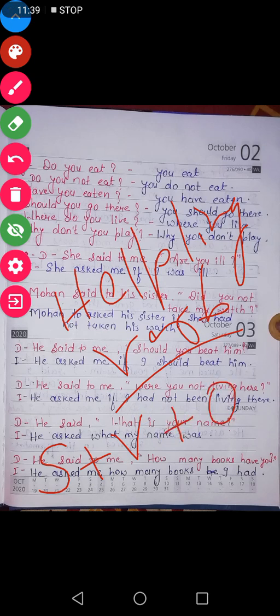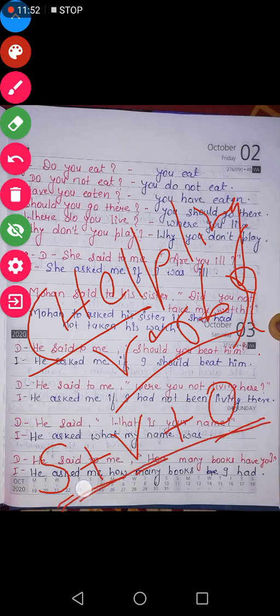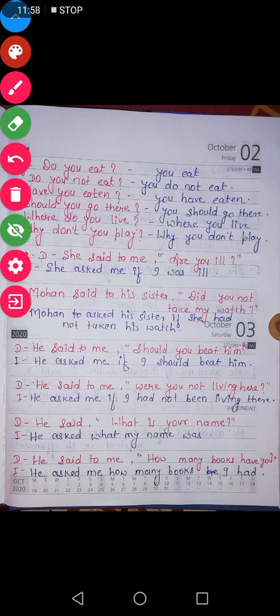When you put the helping verb in the very beginning, it is interrogative. But when you write your sentence in this form, first subject, then verb, then object, then it will be assertive. So this is what you have to do while changing interrogative sentences from direct to indirect speech.